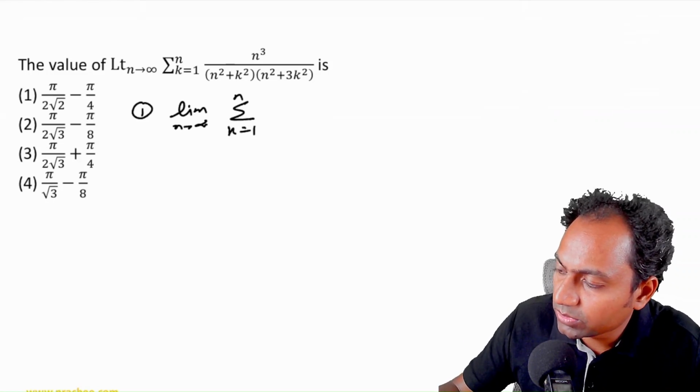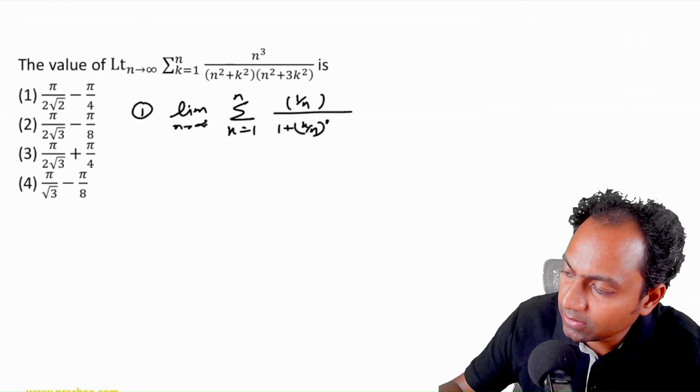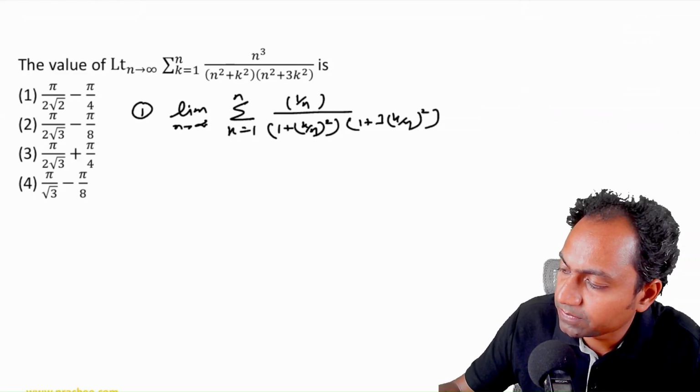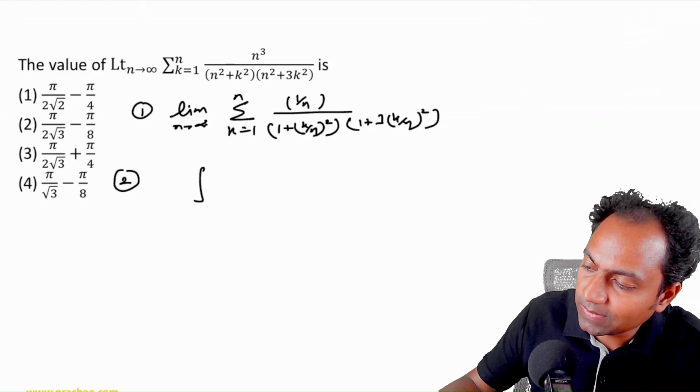So what I'm going to do is divide this by n raised to the power 4. So I will get 1 by n here. And here it will become 1 plus k by n whole square into 1 plus 3 times k by n whole square. Once you've got this function, the next step, you replace this by an integral sign.